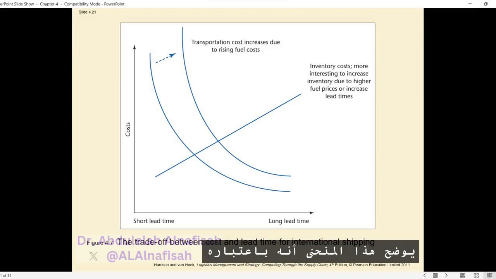This curve shows that as the lead time, the time between placing an order and receiving it, increases, the transportation cost also increases significantly. This is because longer lead times mean more fuel consumption and higher fuel prices. This curve rises sharply as lead time increases.